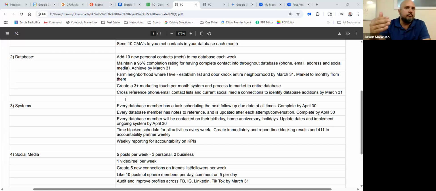But lead generation and database related strategies need to be on there at all times, no matter where your business is at, right?